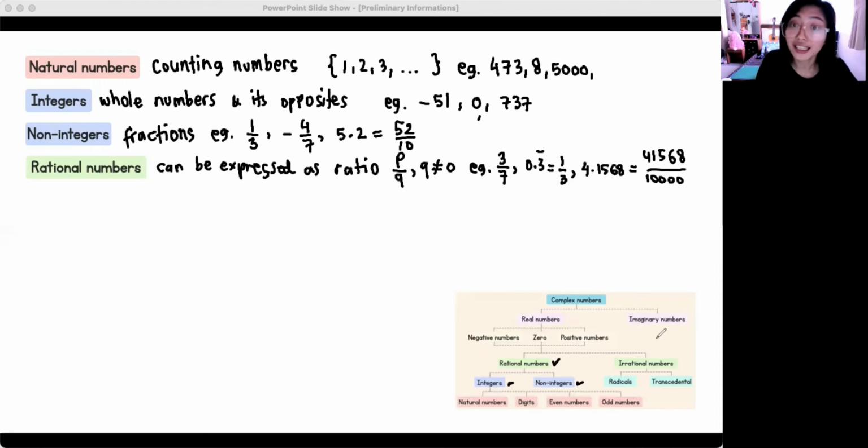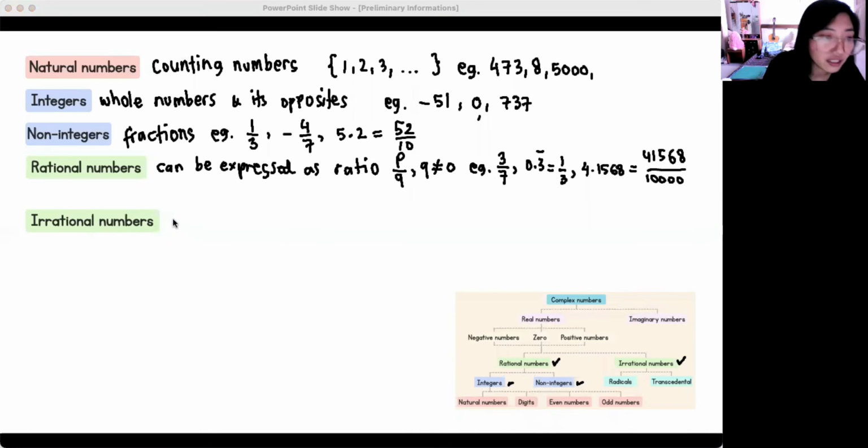For the numbers that cannot be expressed as a ratio, we call them the irrational numbers. Now, irrational numbers are just the opposite of rational. What are the examples?